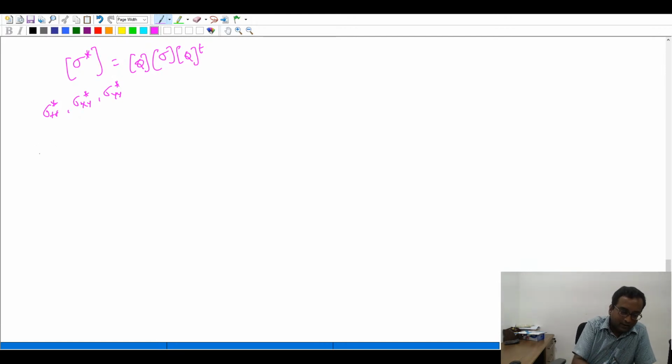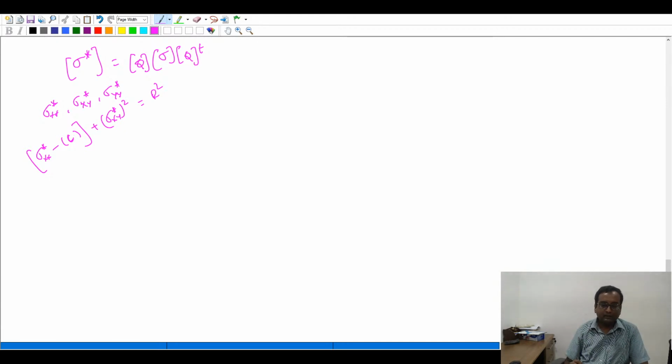Then we found that sigma xx star minus some quantity, let me say what it is later, plus sigma xy star whole squared should be equal to r square. Let me say this is c.